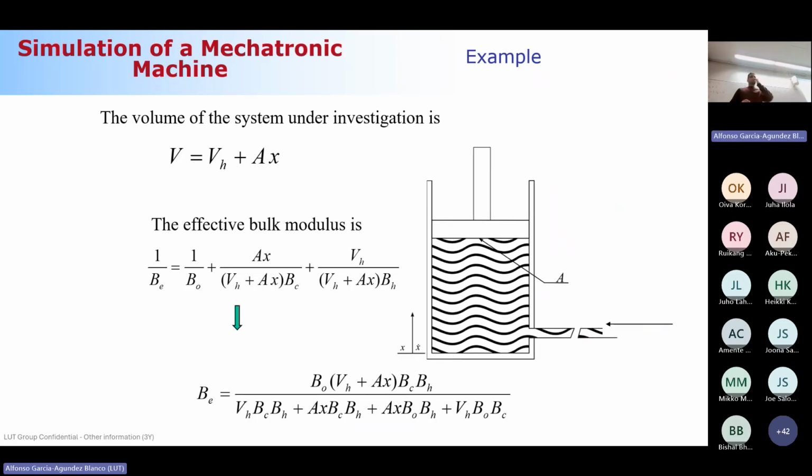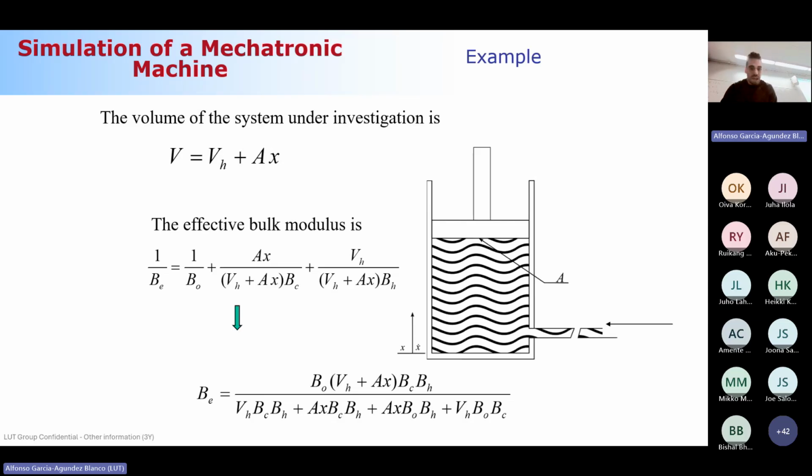But basically, as in the volume, if you think about it, we took into account all the different sources. So we took into account the hose and what we have inside the container. Now, remember the bulk modulus represents the flexibility, okay? It gives you an idea of the flexibility. And of course, each of the components of your hydraulic circuit has a different contribution to the flexibility. So you need to take into account all these sources, okay?